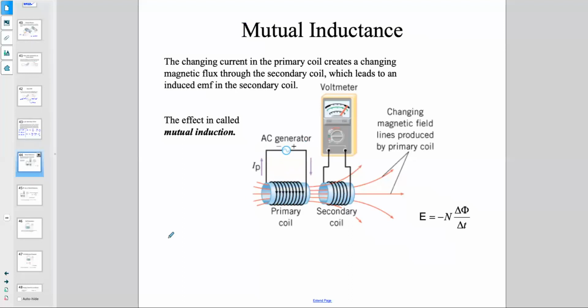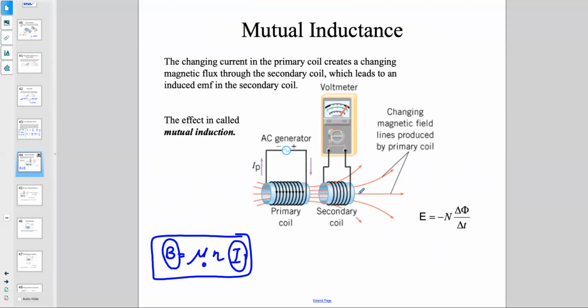When I is changing, remember what the B was for a solenoid or for the coil? Mu 0 N I from the previous chapter, right? So when I is changing, then B is changing. And if this B is changing, the flux inside the secondary coil is changing, and that will cause a current inside the secondary circuit.